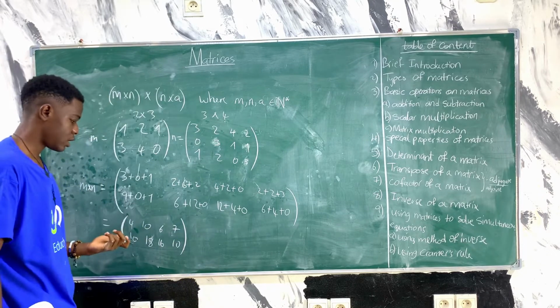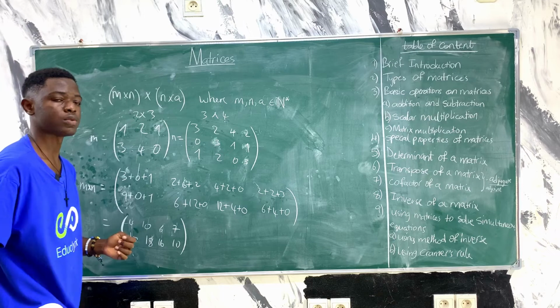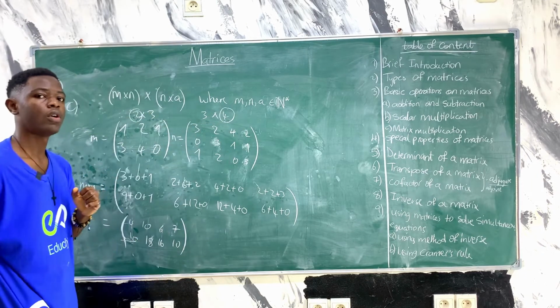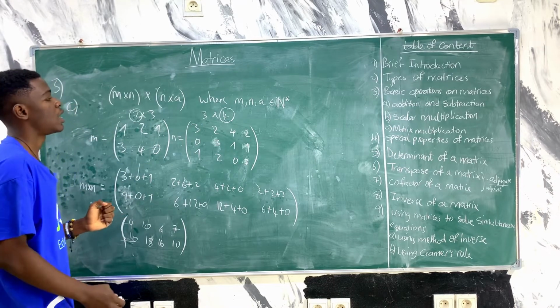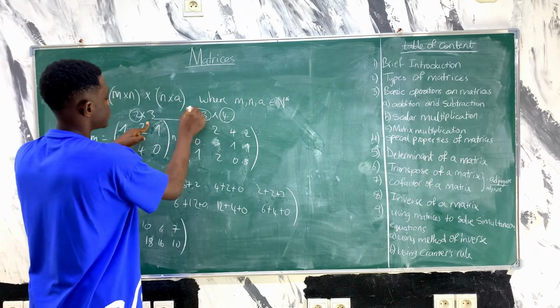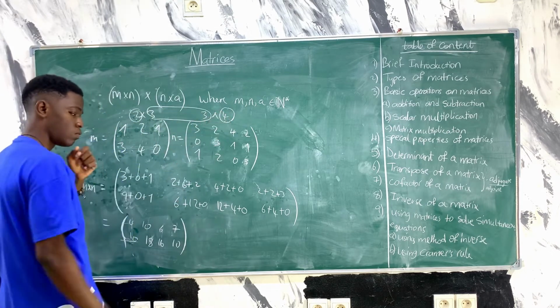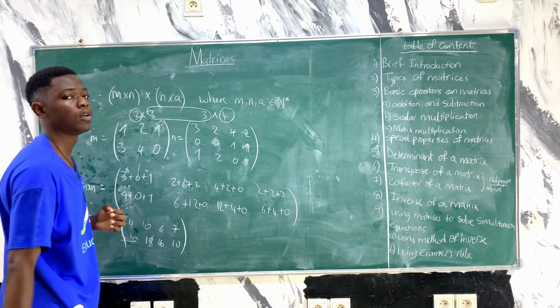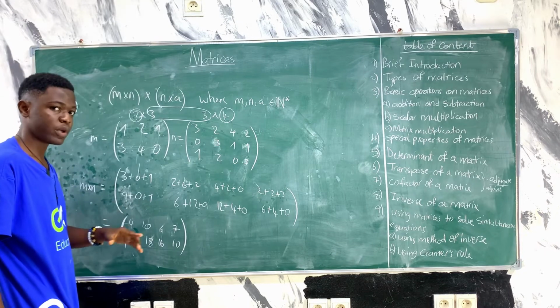The order of the answer is a 2 by 4 matrix, which is this 2 by this 4. So you should make sure that when you multiply matrices which have these two same numbers, the result should be this. That means the order of the result must be a 2 by 4. If here was 3 and 5, the order of the result must be a 3 by 5 matrix always.